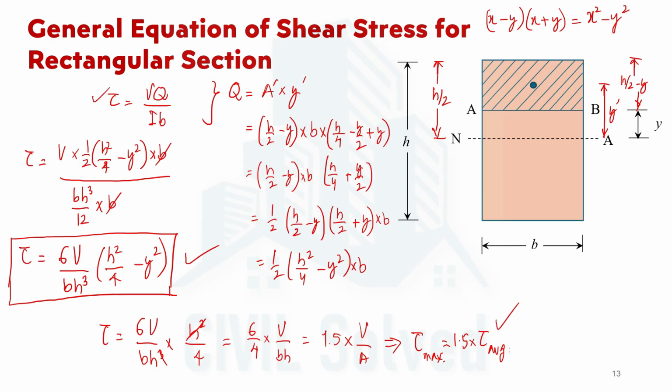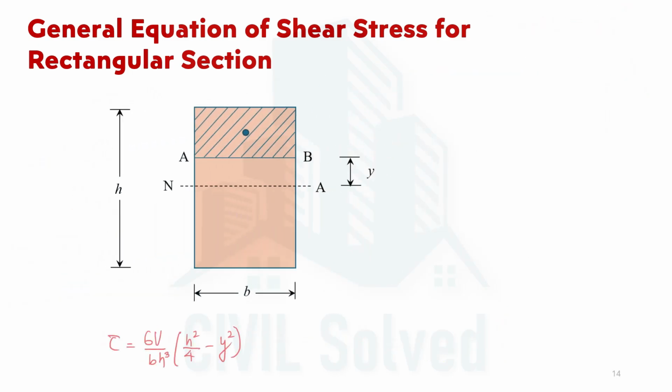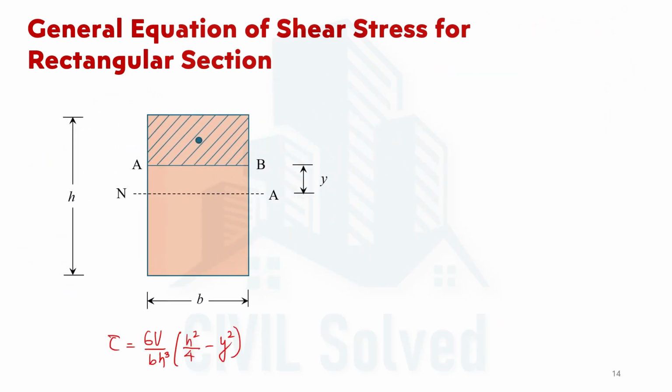Now let's see how this shear stress is varying throughout the section by looking at the equation. For this section we have this equation for determining the shear. Now let's draw a line and we will draw the shear on the right hand side. Let's say that this is the neutral axis.